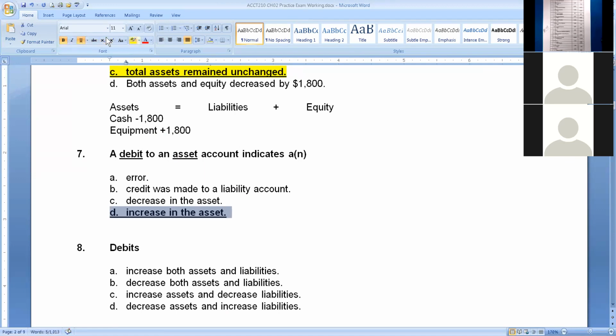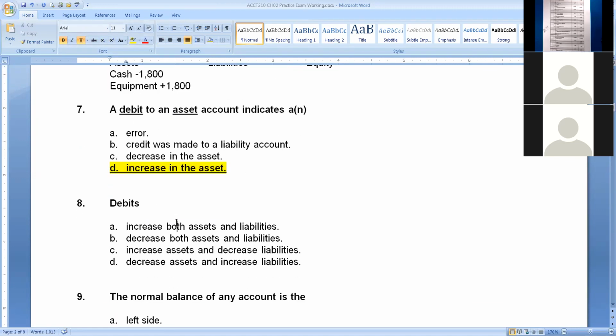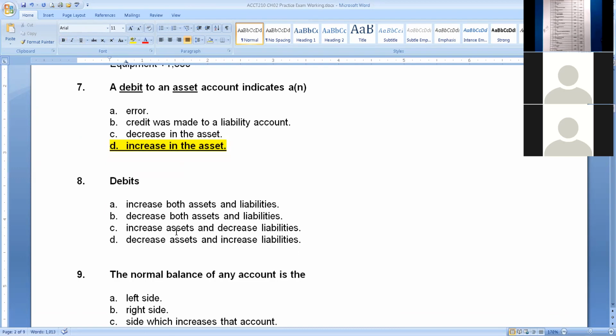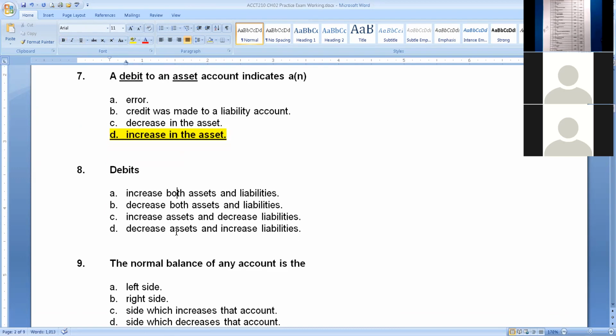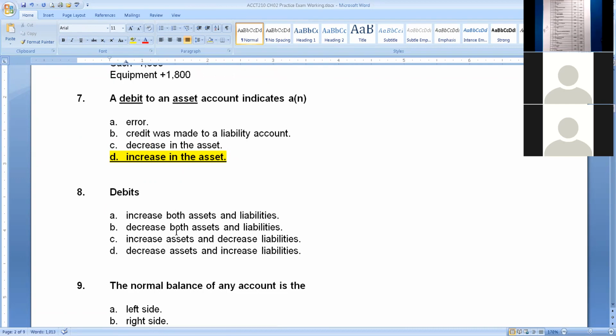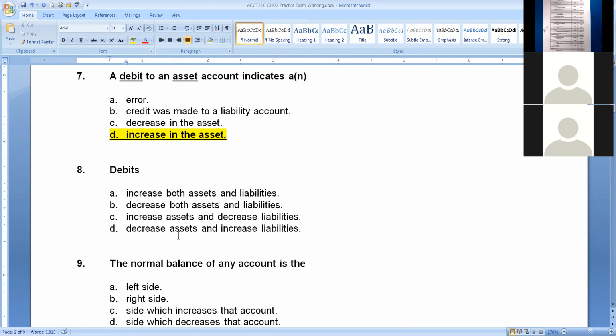Debits increase both assets and liabilities. No. Well, let's go back down to our table.